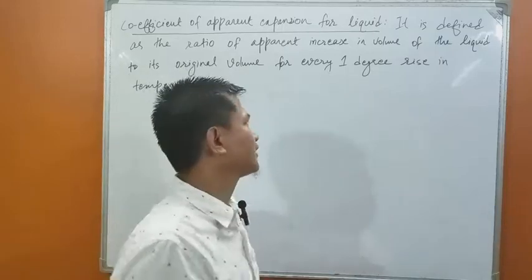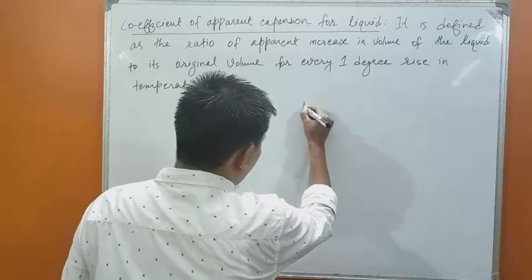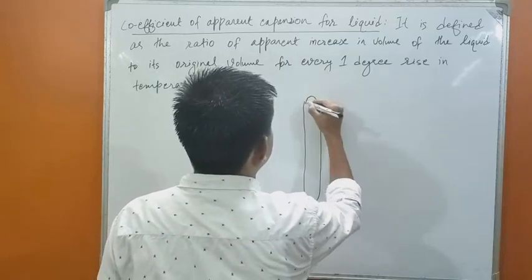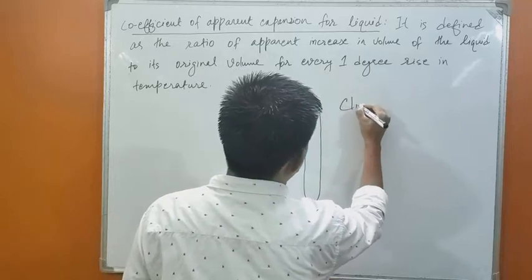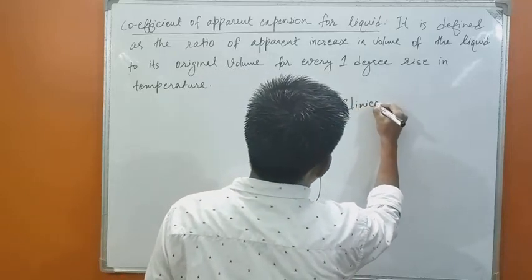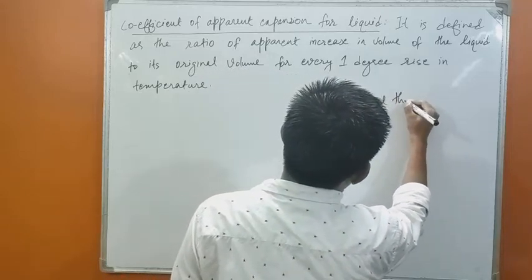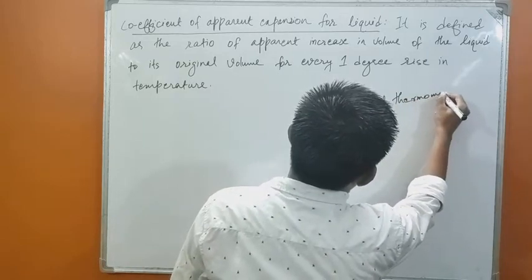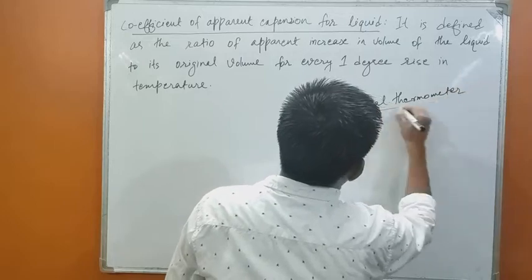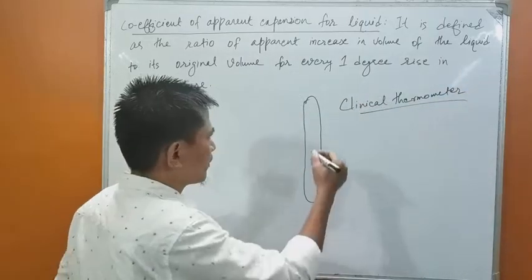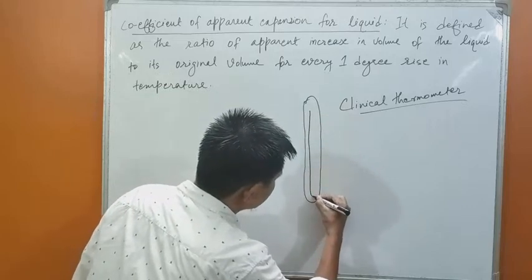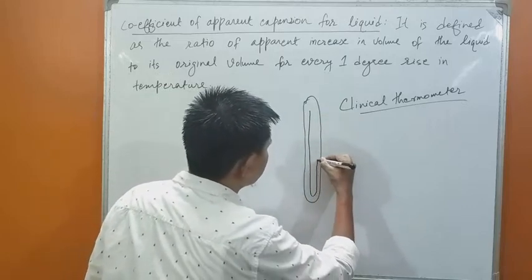Let me give you another example. All of us have seen a clinical thermometer. This is a drawing of a clinical thermometer. Though my drawing is not so good, I'm very sure I'll make you understand.